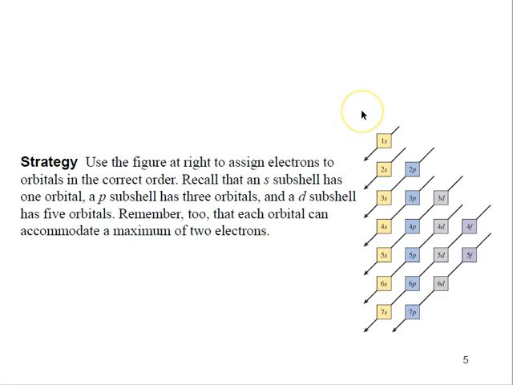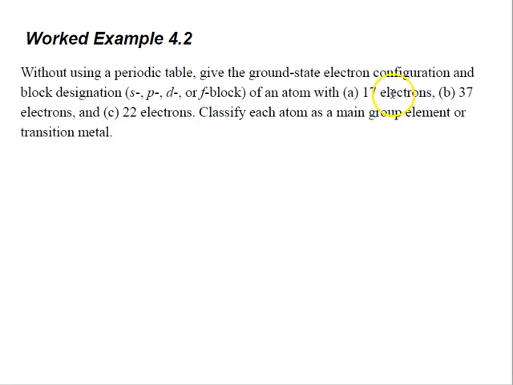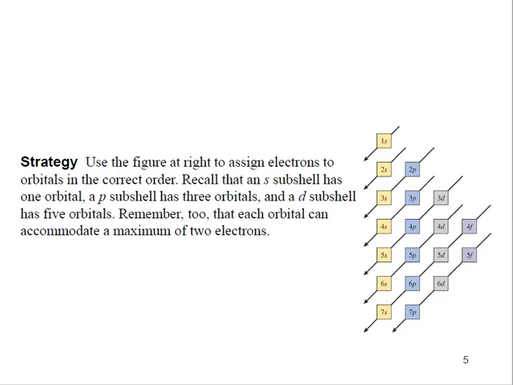Now, hopefully you don't have to go that far in every one of your situations, which you don't. I'll go ahead and tell you, you don't. You just go as high as however many electrons you have. Now, there are 3 examples, where 17 electrons, 37, and 22. So take a moment, pause it, work them out, and let's check them.